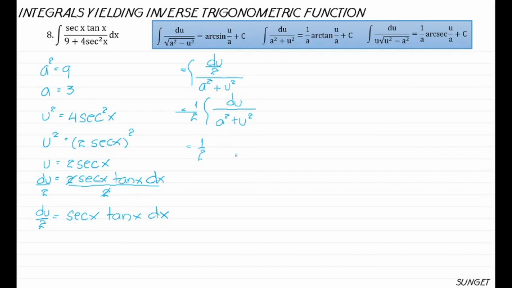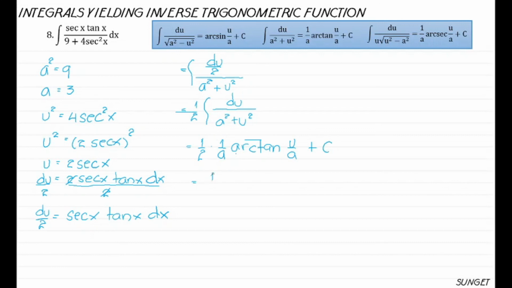So that is 1 over a times arctangent of u over a plus c. So 1/2 times 1 over a times arctangent of u over a plus c.